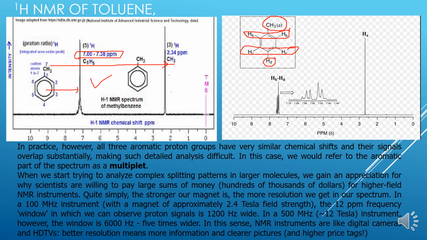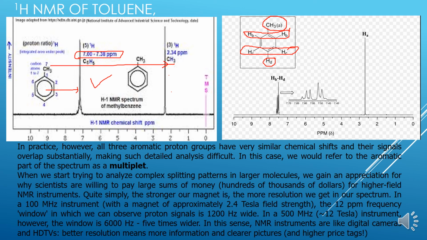Quite simply, the stronger our magnet is, the more resolution we get in our spectrum. In the 100 megahertz instruments, with a magnet of approximately 2.4 Tesla field strength, the 12 ppm frequency window in which we can observe proton signals is only 1200 hertz wide.